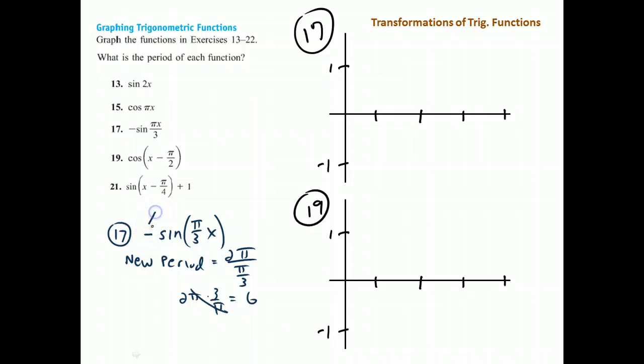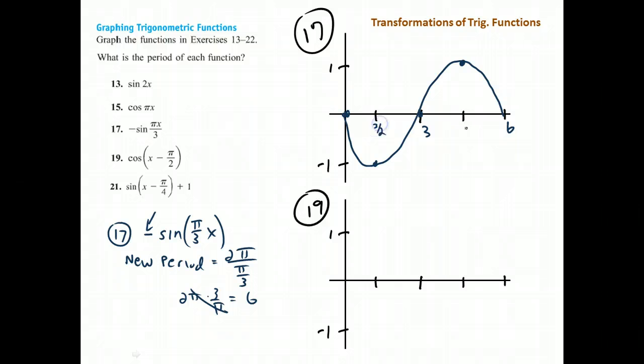What does this negative do? It flips the sign over the x-axis. When you want to be up here at 1, now you're down here at -1. When you want to be at -1, now you're at 1. So that's what the sign is flipped. Basically like this. And then we just need this period to be 6. Cut it in half.